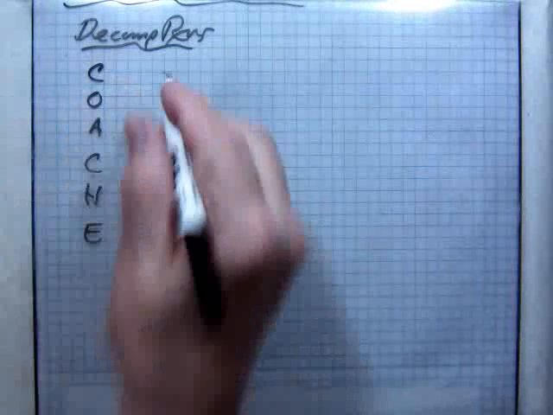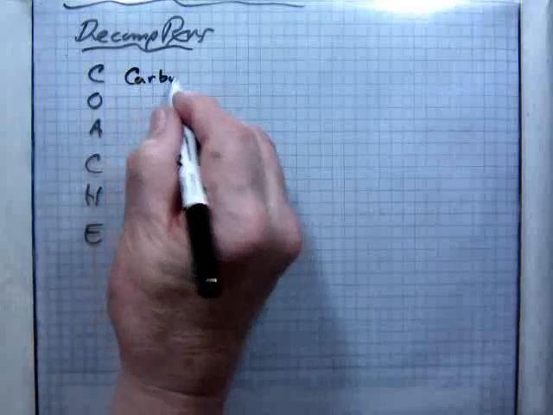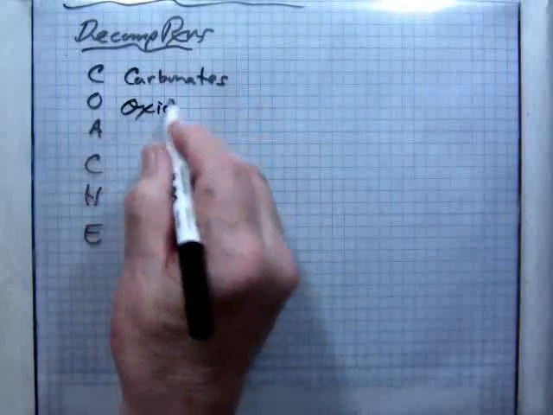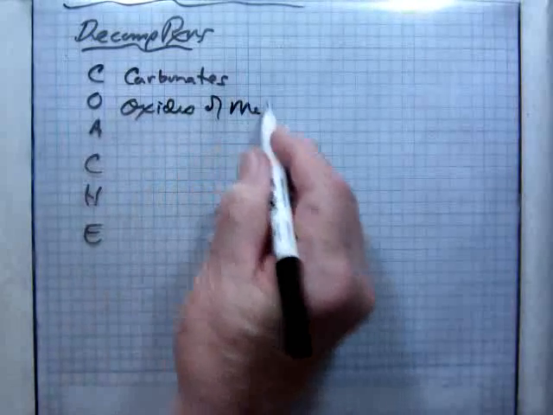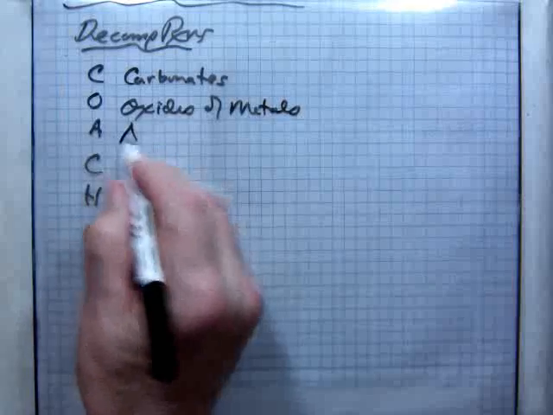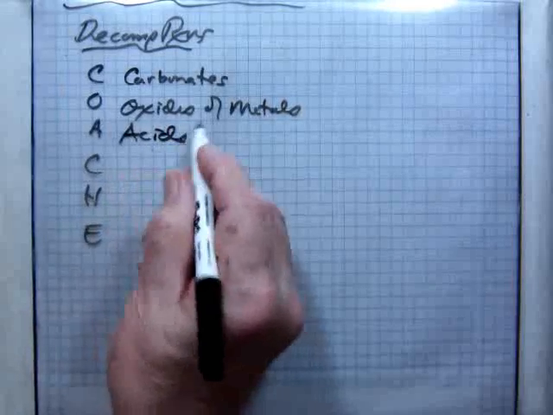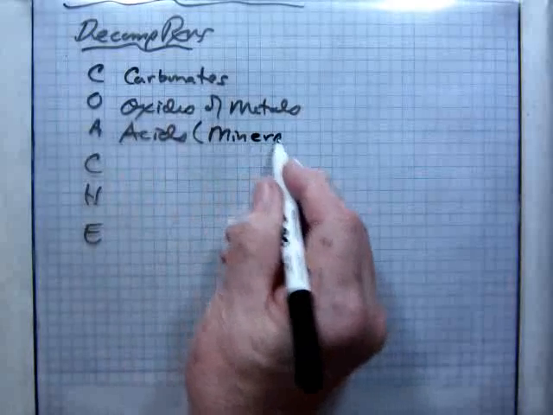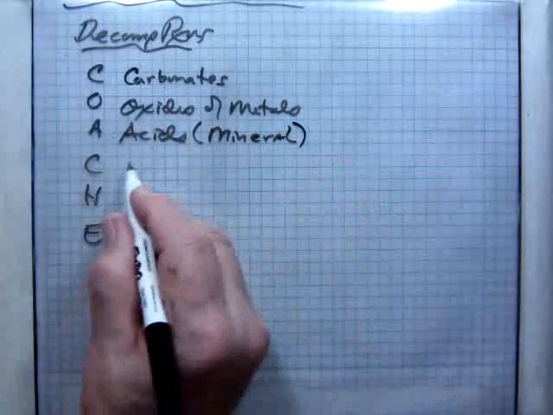You can see carbonates, oxides of metals, acids. These are mineral acids. Chlorates.